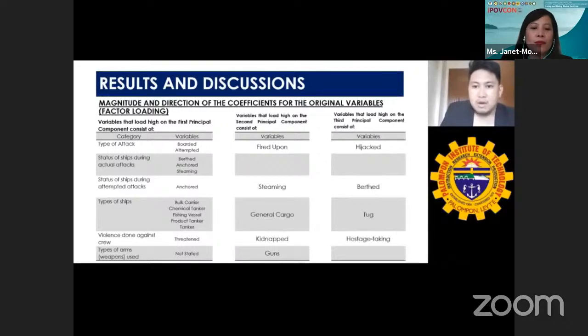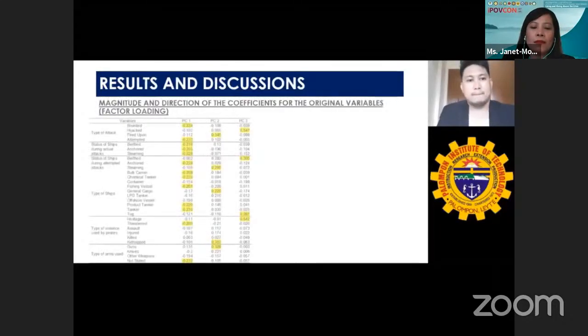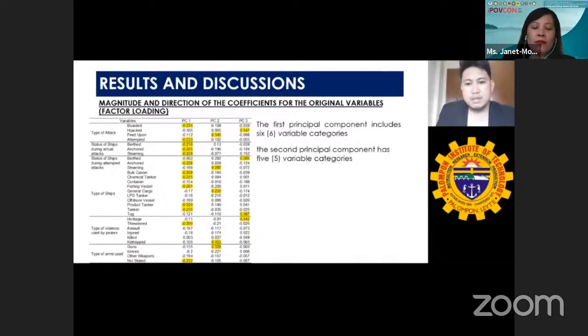Then the variables that load high on the third principal component consist of the following category variables: under type of attack, hijack; under status of ships during attempted attacks, berth; under category type of ships, tug; and under the violence done against crew, hostage taking.